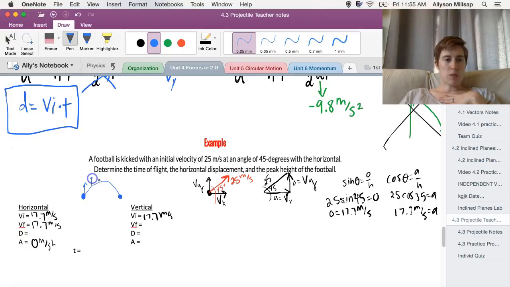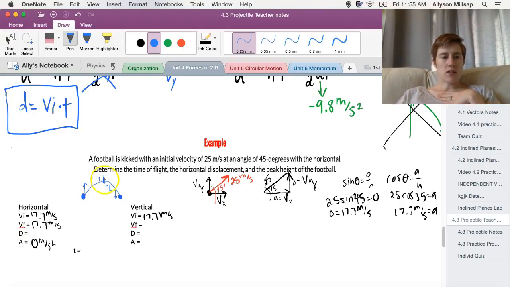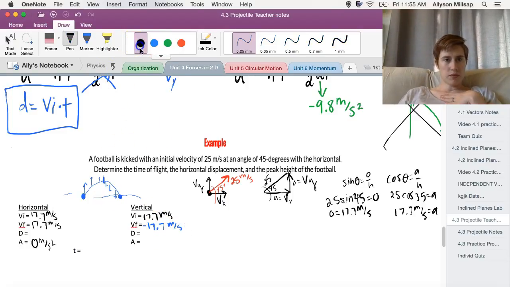So it's going to have speed going up this way, and then the speed's going to be increasing downward. So there is a peak to this trajectory, right? There's a midpoint. It's going to be kicked from the ground, and then it's going to fall back down and hit the ground. So it's starting and finishing at the same spot, which means that their speed is the same at the beginning and the end. It's just a negative coming down. That's something we learned earlier. Okay. Acceleration is always negative 9.8 meters per second squared.